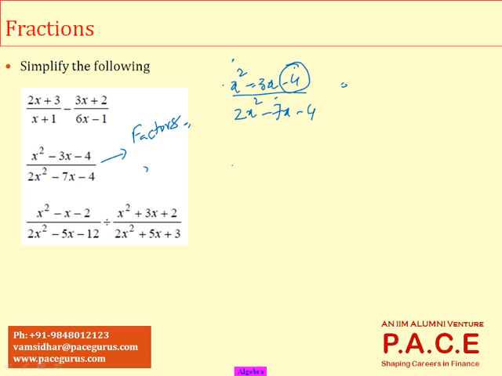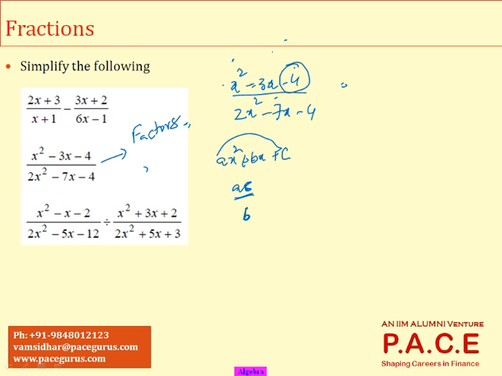Let's say I have something of the form ax squared plus bx plus c. Then identify the factors of AC. Factors are two numbers which, multiplied together, give a value equal to AC, in such a way that their addition is equal to B. That is what we call factors.